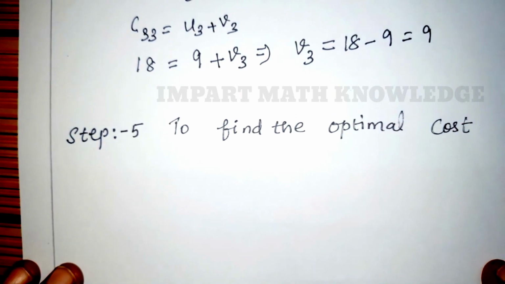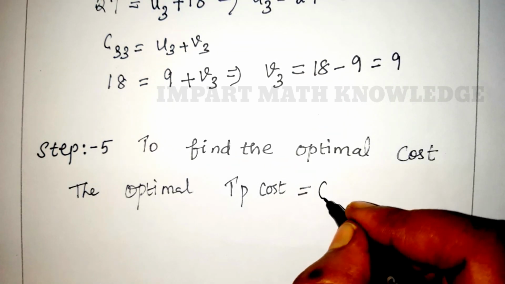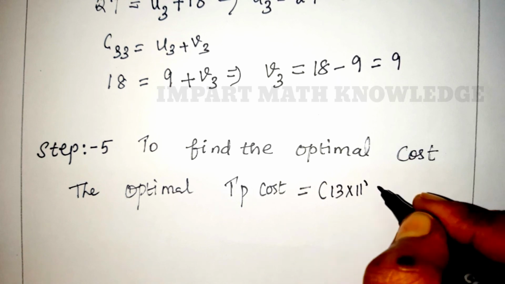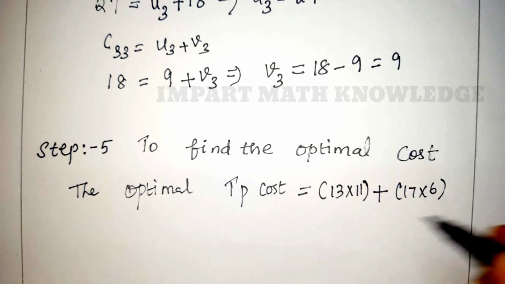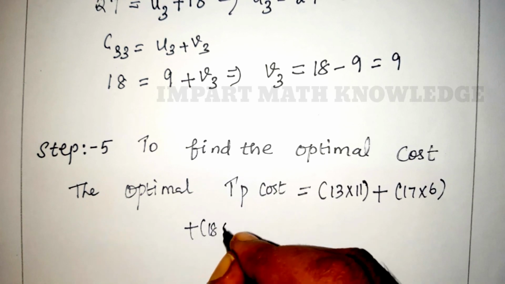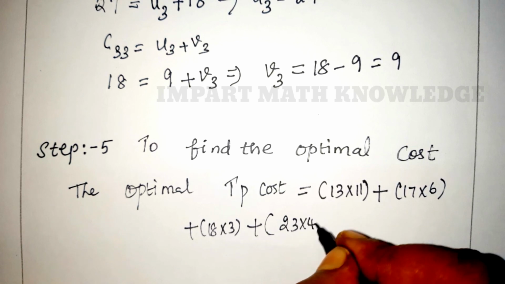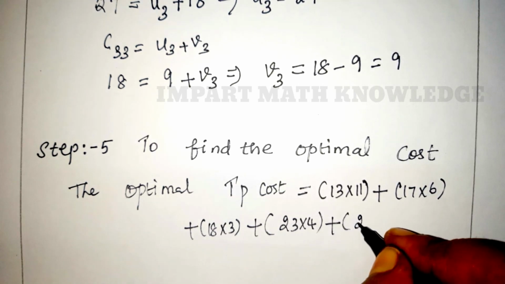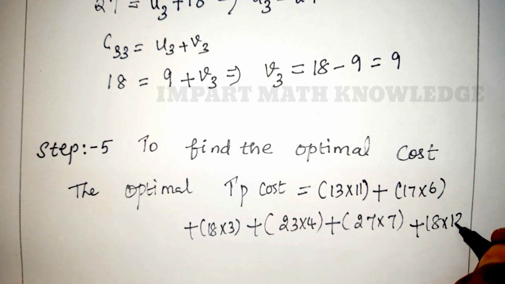The last step, you have to find the optimal cost. The optimal TP cost is nothing but 13 into 11 plus 17 into 6 plus 18 into 3 plus 23 into 4 plus 27 into 7 plus 18 into 12.